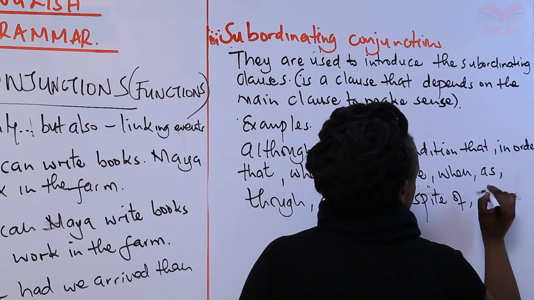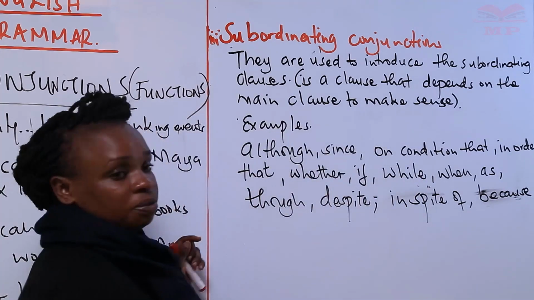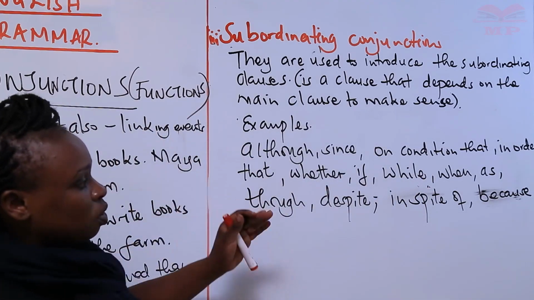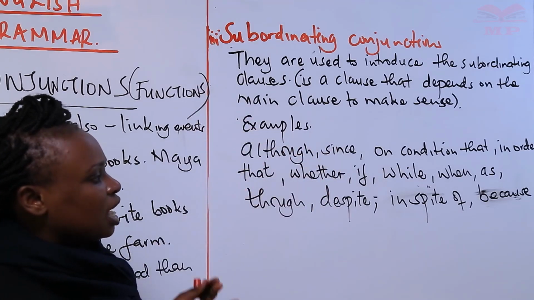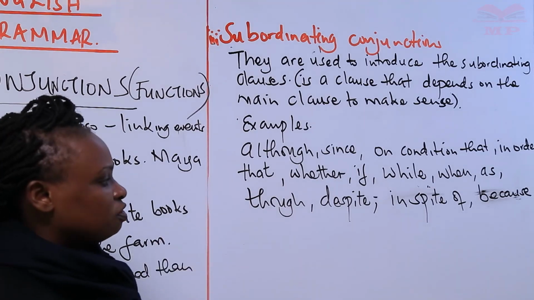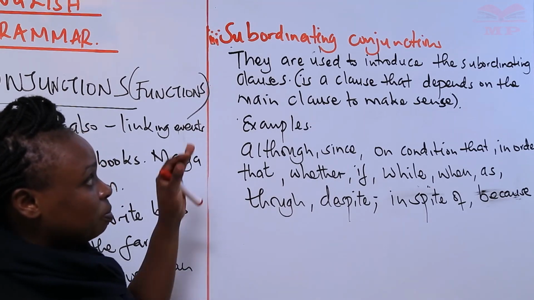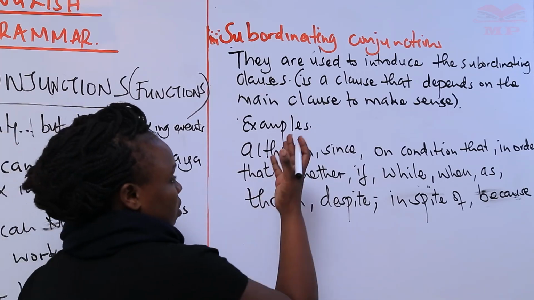We say since, because, and many more. There are so many. So although, since, on condition that, in order that, whether, if, while, as, though, despite, in spite of, because, all those are called subordinating conjunctions, and they introduce the subordinating clause.